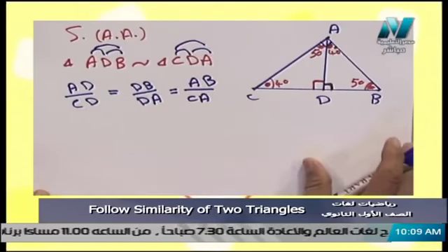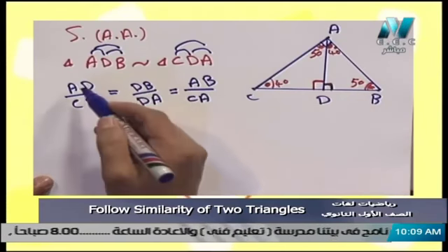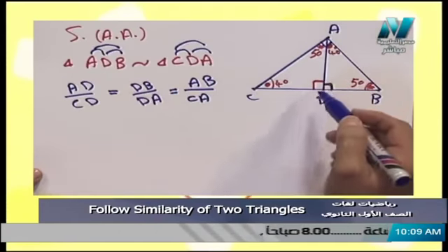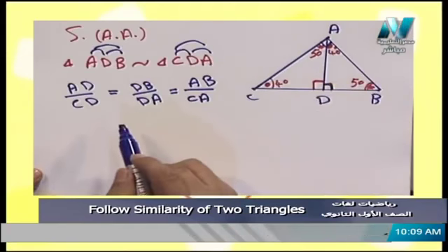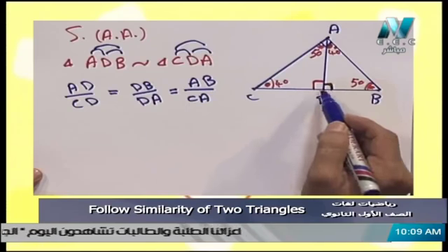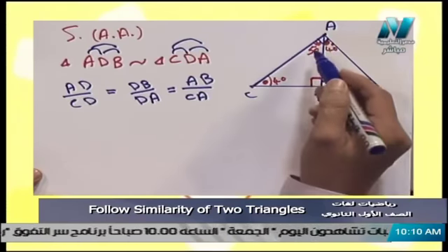Okay, and what will we deduce from that? We have here AD over CD equals BD over DA equals AB over AC.